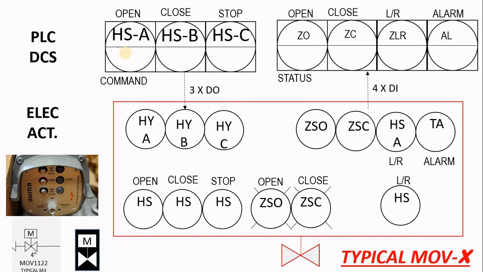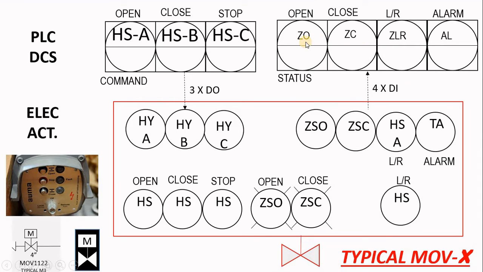There is another type where you give it one signal to open, and if this signal stops, the valve will cease at that moment. Or some other types where you give it a pulse and it will go from fully open to fully closed. The feedback from the valve could be digital, could be analog.